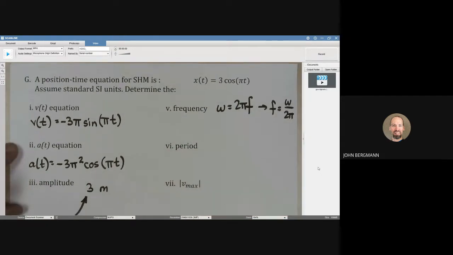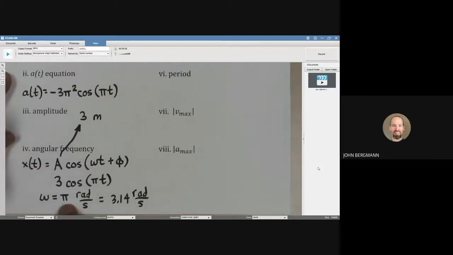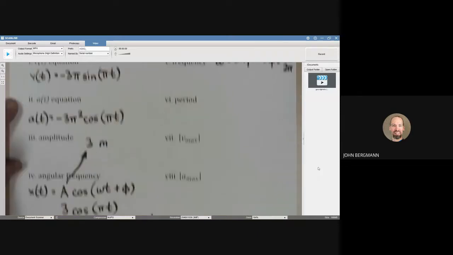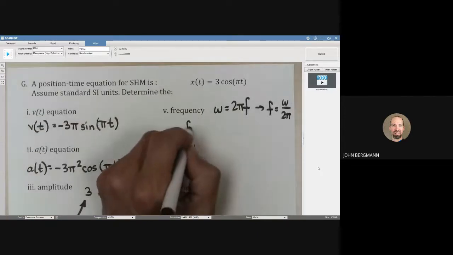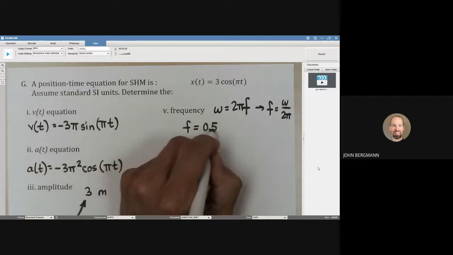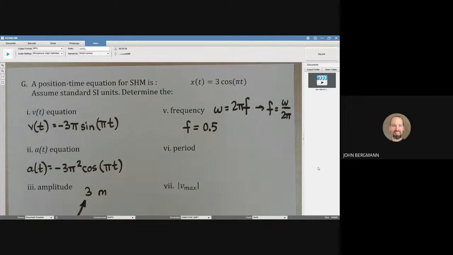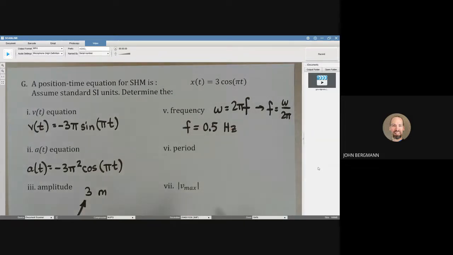What did we say the angular frequency was? Pi. So if we put a pi in the numerator, basically the frequency comes out to be 1/2. I'm going to write it as a decimal. Now what's the unit for frequency? Hertz. 1/2 a hertz.